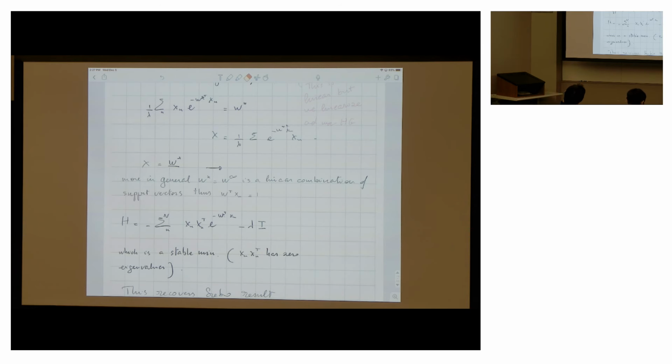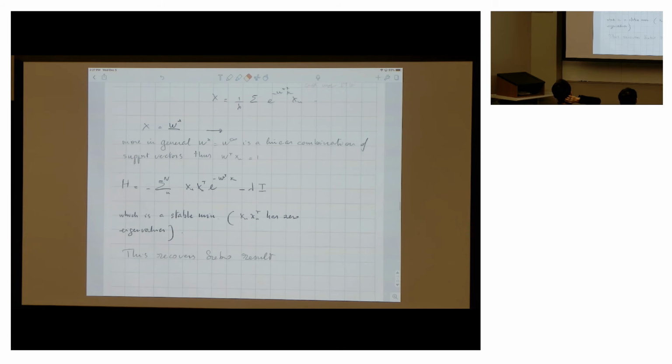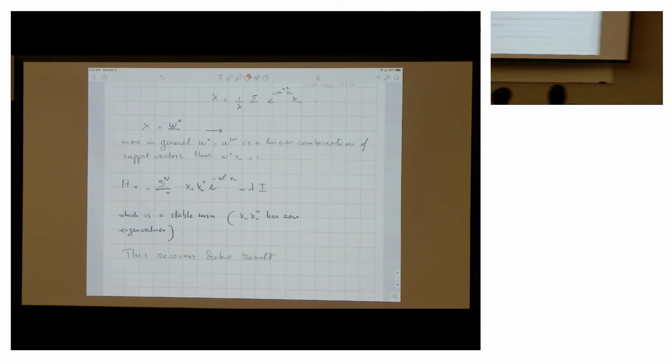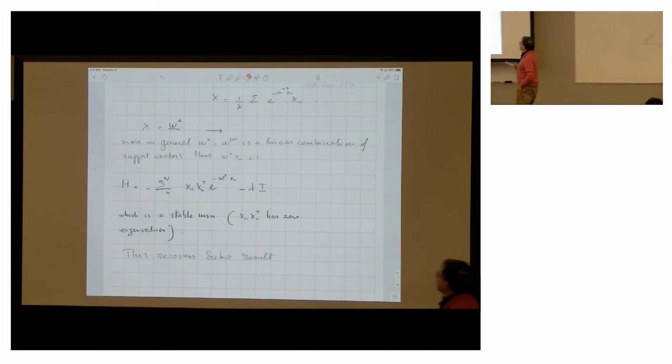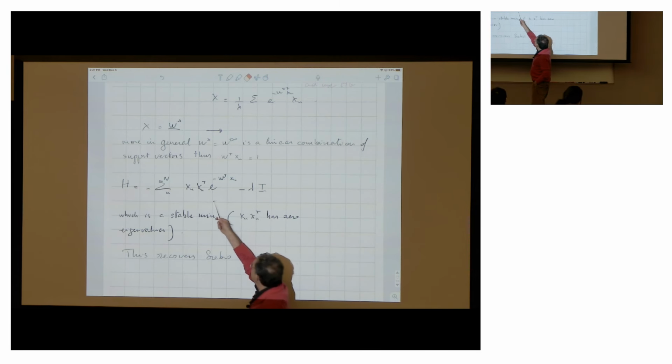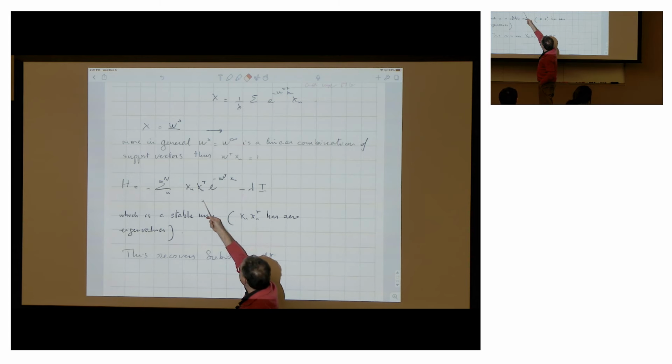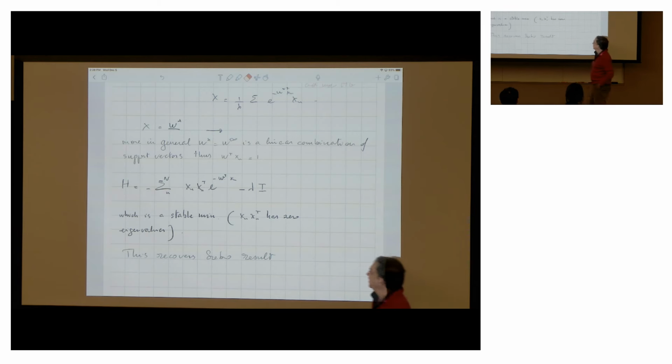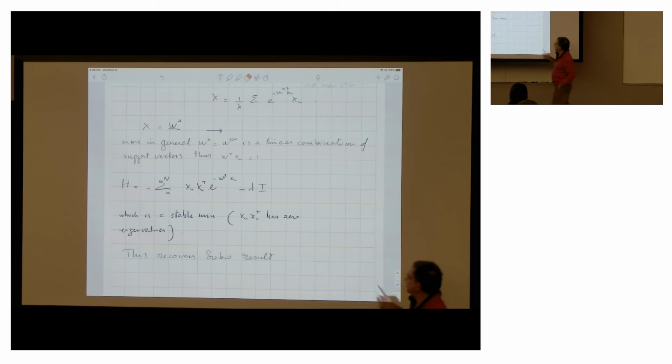And so in this case, I also find that the Hessian is going to be of this form. This form again has rank 1, but this part here coming from the regularization is a stable minimum.